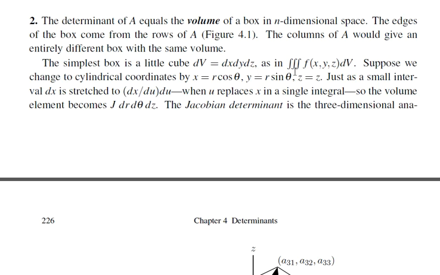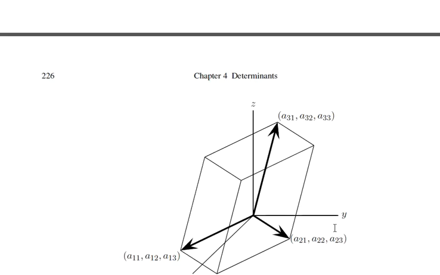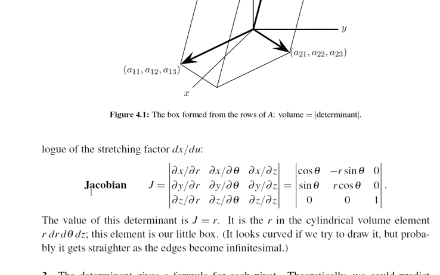If x, y and z are so, then we write the Jacobian determinant. The Jacobian determinant in a three-dimensional system is given in this fashion. The Jacobian J has dx by dr in the first column, differentiation by theta in the second, and differentiation with z in the third column.